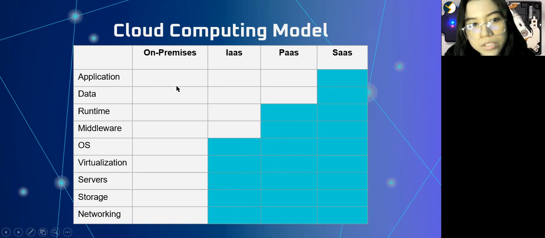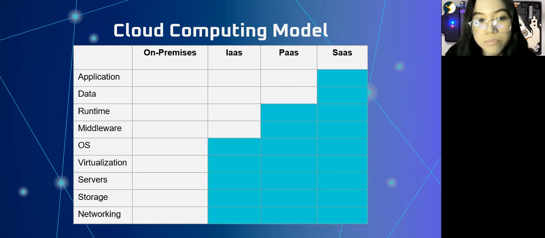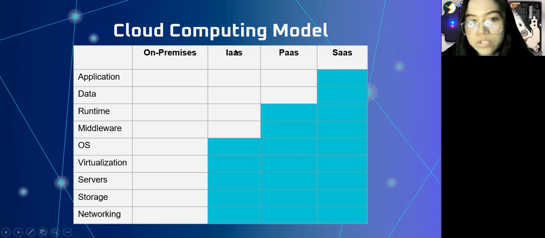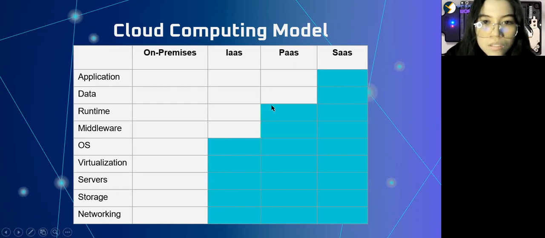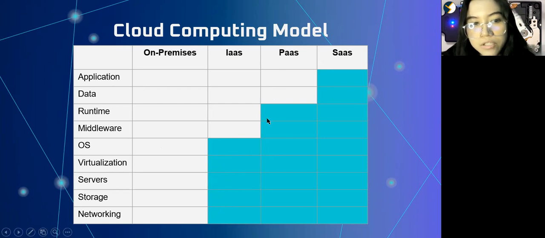So on premises, all of these things, from the application and data to runtime up to the networking, are managed by you. But on infrastructure as a service, from the operating system up to the networking, is managed by the provider. On platform as a service, the runtime and middleware up to the networking are managed by the provider.